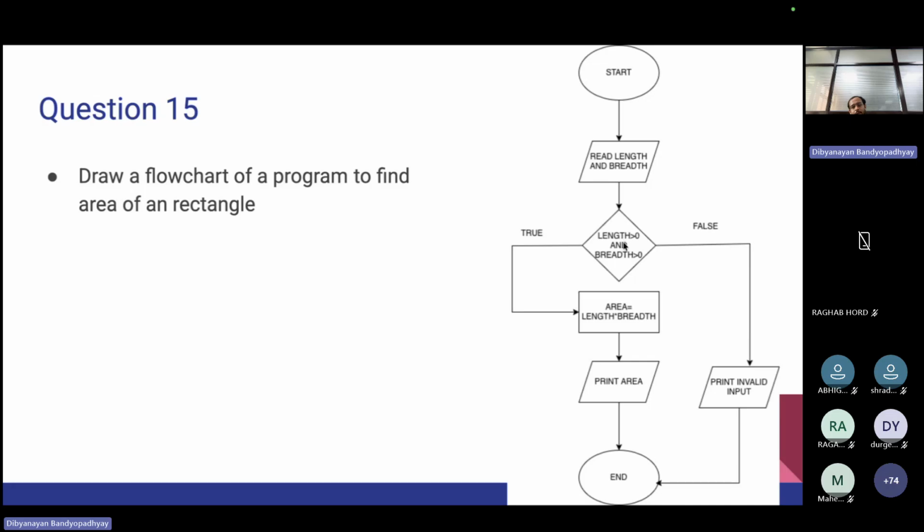So the length and breadth you are checking. If they are greater than 0, you calculate the area, and if false, you give an invalid input output and then end. The reason I'm showing this simple thing is that whenever you write a flowchart for any program, you have to see what the constraints are, what the edge cases are. First make all the edge cases as diamond boxes in the flowchart.